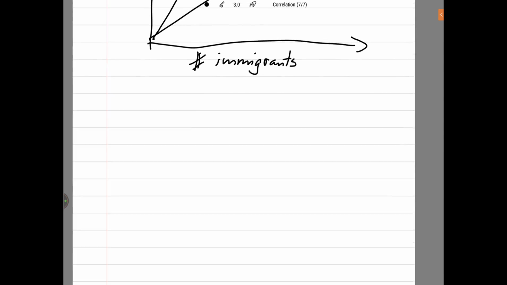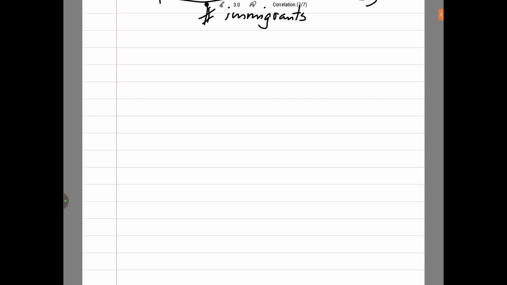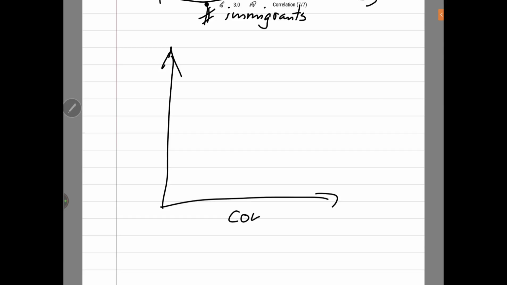In the case of our experiment, where we have concentration versus absorbance, and we see something like that, we can assume that there's a causation because we know that the higher the concentration of a substance, the more the light will be blocked, right? So we can say, yes, there is a causation.